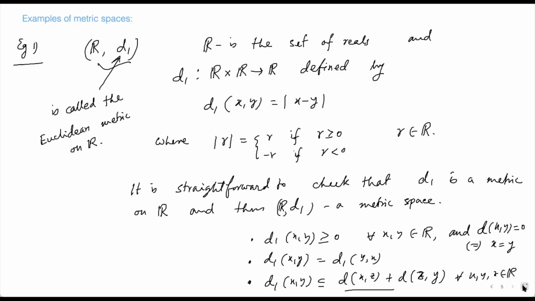give an example of a discrete metric space, example 2. So here we consider X an arbitrary non-empty set, X not equal to the empty set.